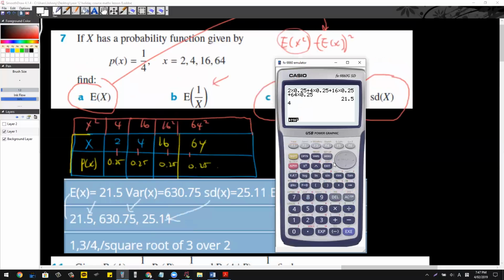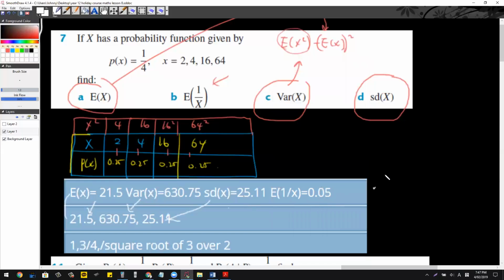And if I do 4 times 0.25 plus 16 times 0.25 plus 16 squared times 0.25 plus 64 squared times 0.25, that's equal to the expectation value of x squared. So minus 21.5 squared, that gives us 630. If I take the square root of that, then I get 25.11. So these two people are correct.